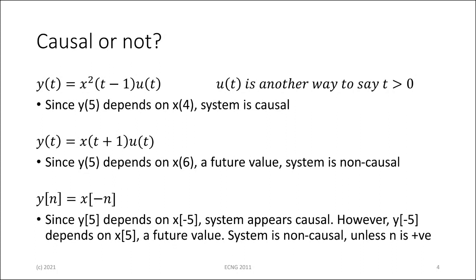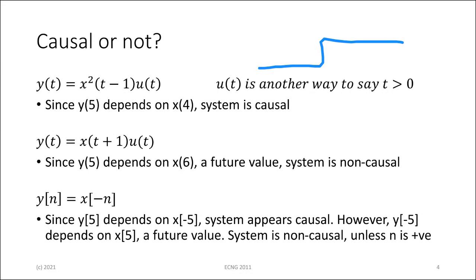y(t) = x²(t − 1)u(t). Remember we said that if you multiply something by the unit step, everything before t equal to 0 is 0, and everything at t equal to 0 and greater is going to be whatever the system response is.